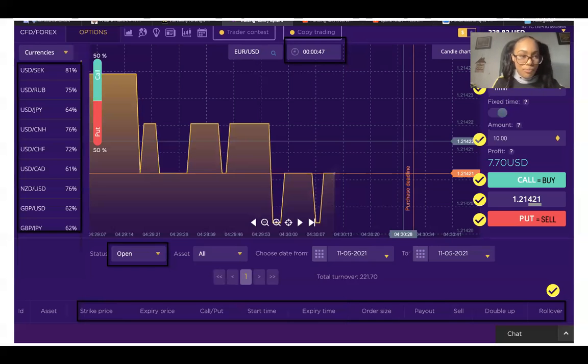Because you're going to be taking trades when they are calling them out. So really quick, over on the left-hand side, these are our currency pairs. So we know all the currency pairs that we have when we're trading. Whenever you're on the go live sessions, they're going to call out a currency pair, and what you would want to do is choose that currency pair as quick as possible.